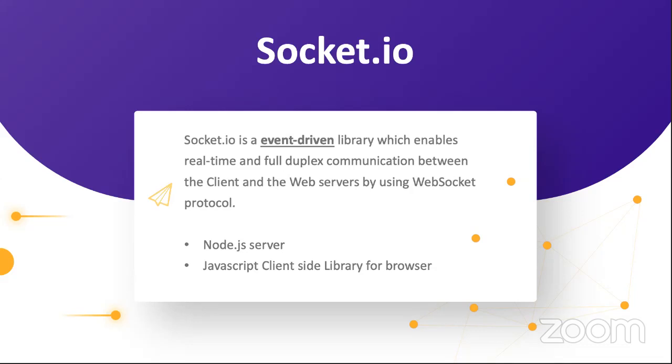We are saying something to the server, but the server never says anything to us when something happens on the server, right? But with Socket.io, that is possible. We can have full duplex communication. To do that, Socket.io uses two components. One is a Node.js server, and the other is a JavaScript client-side library, which is the Socket.io client, right? So that is how it works. There is a server and a client, and both talk with each other.